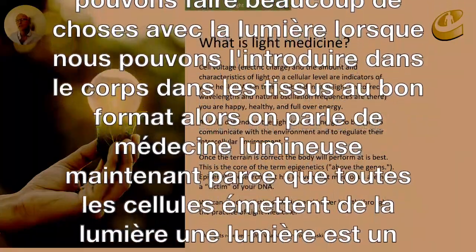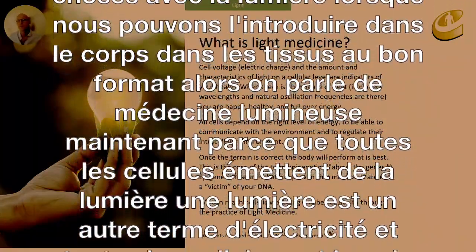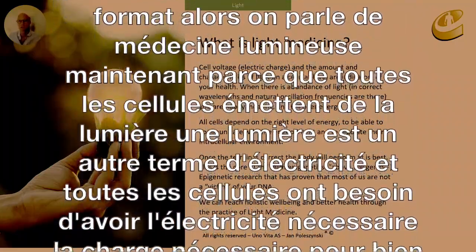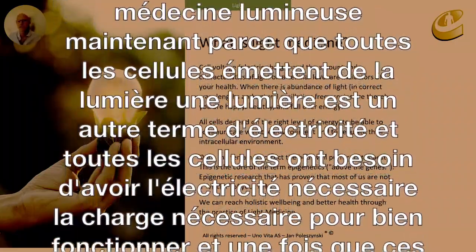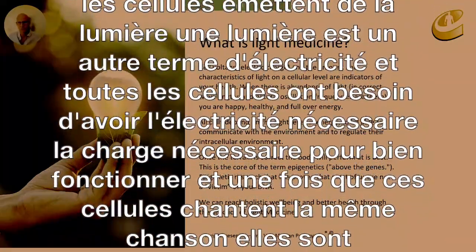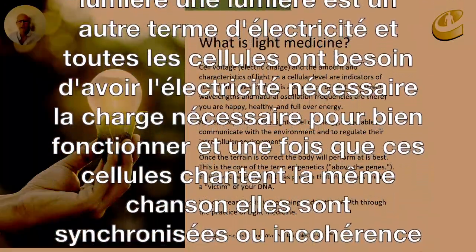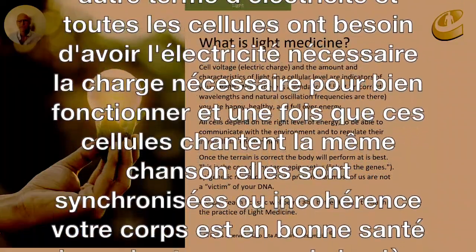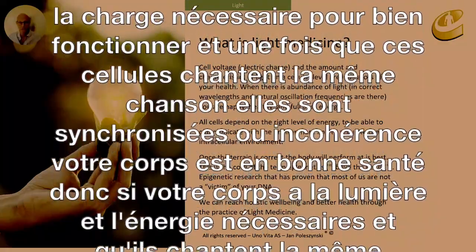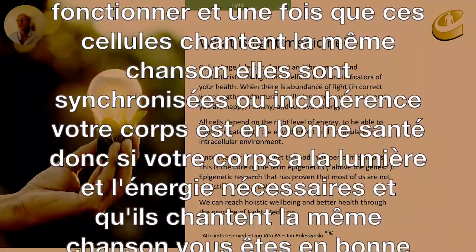So we talk about light medicine now because all cells emit light. Light is another term for electricity, and all cells need to have the necessary electricity, the necessary charge to work well. Once those cells sing the same song, they are synchronized or in coherence, and your body is healthy.